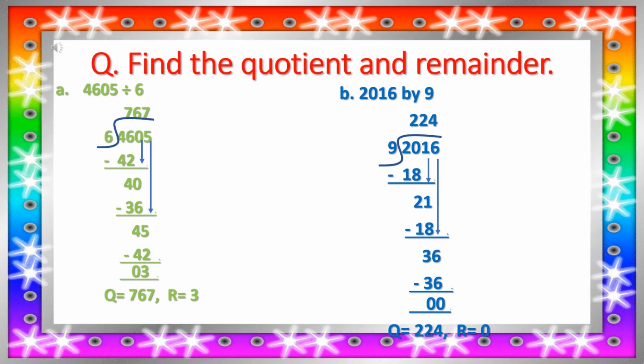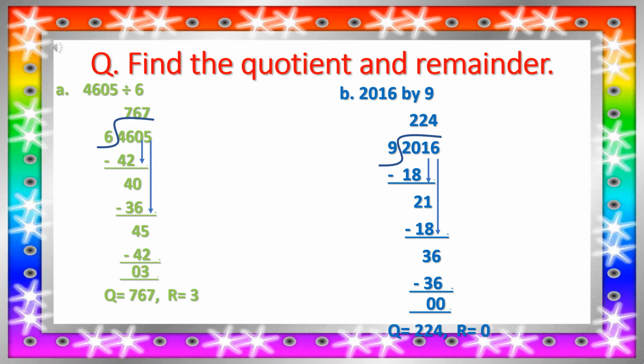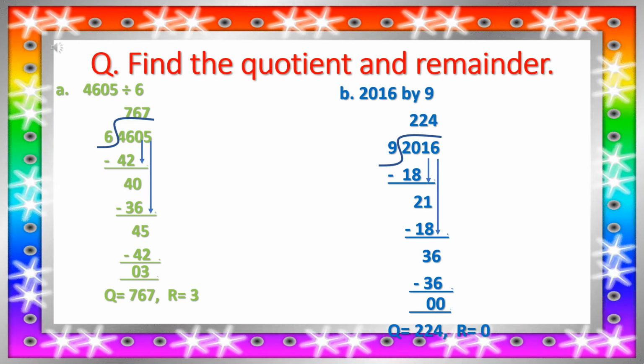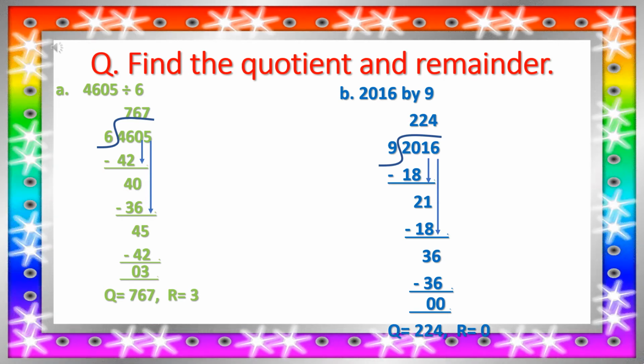So we will take 46 and we will divide it by 6. 6 7s are 42. We will write 7 as quotient above 6 and we will write 42 under 46 and 46 minus 42 is 4.